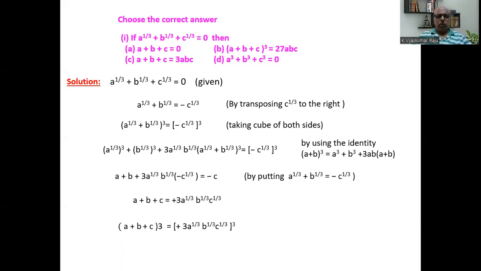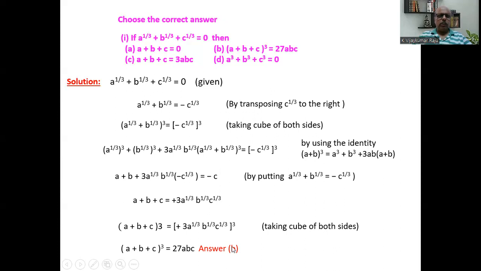When you take the cube of both sides, you get (a plus b plus c) raised to 3. And cube of 3 is 27. A raised to 1/3 raised to 3 is only a, this is b, this is c. So (a plus b plus c) raised to 3 is 27abc.